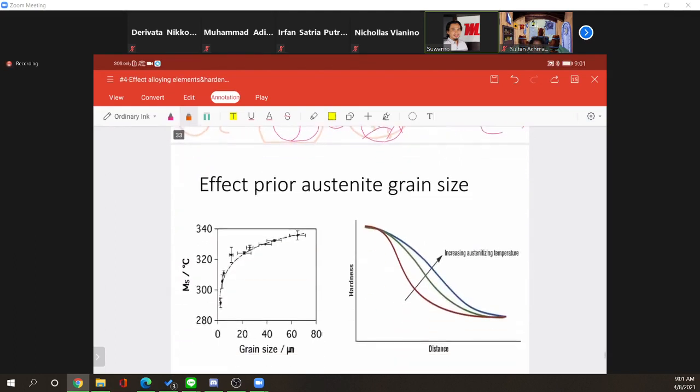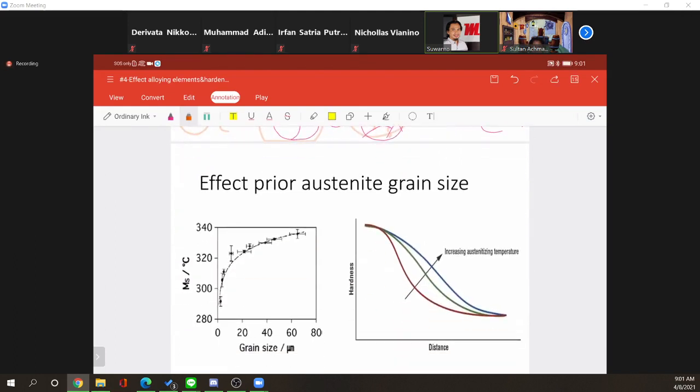So we can see it in here, especially for the graph here. If you increase the grain size, the martensite start will be increased, okay, something like that.